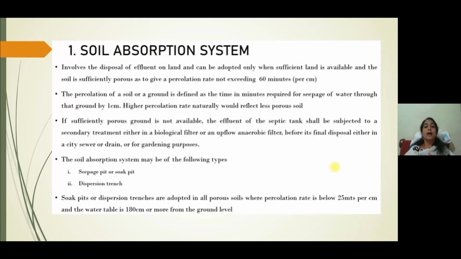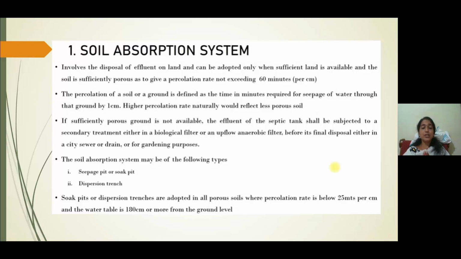This is the system adopted in most of the individual houses for treating of effluent from the septic tank. It involves the disposal of effluent on the land and can be adopted only when sufficient land is available. Also, the seepage capacity or the porosity of the sand or soil is great.